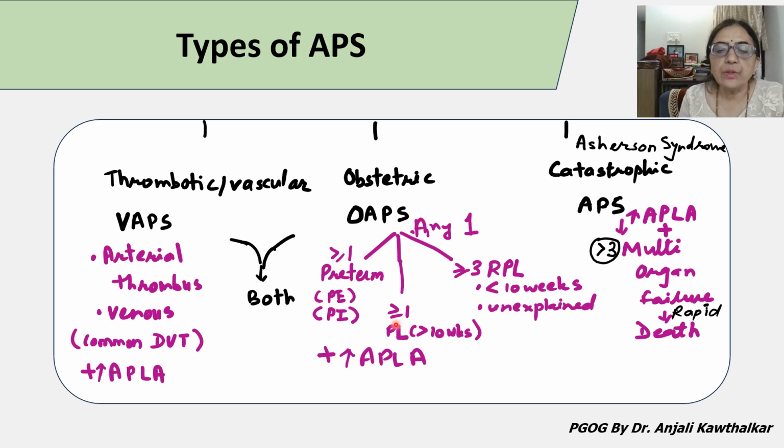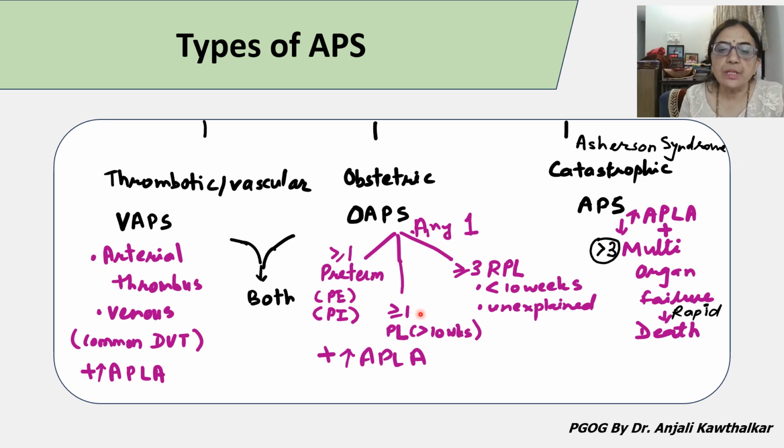Or there can be greater than or equal to one episode of pregnancy loss where the duration of pregnancy is greater than 10 weeks, or there is presence of greater than or equal to 3 recurrent pregnancy losses where gestational age is less than 10 weeks and all these losses are unexplained. There is no identifiable etiology which is found.